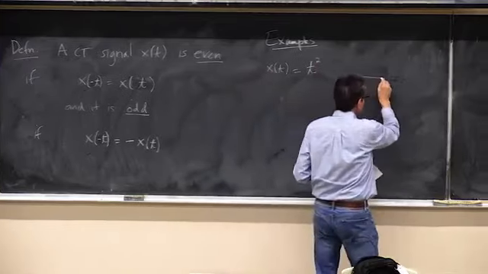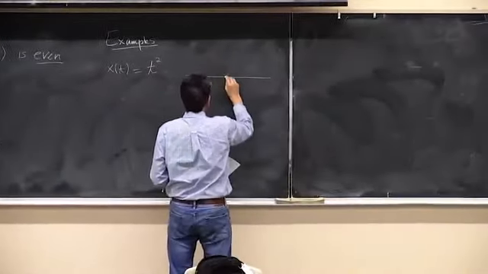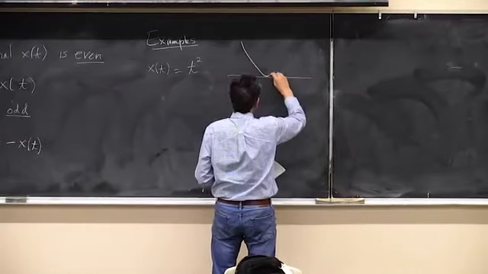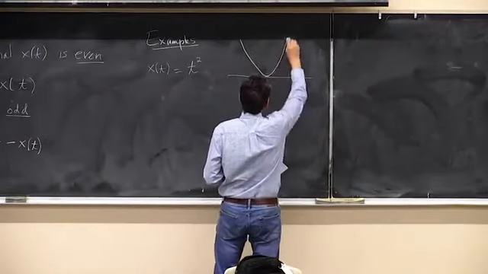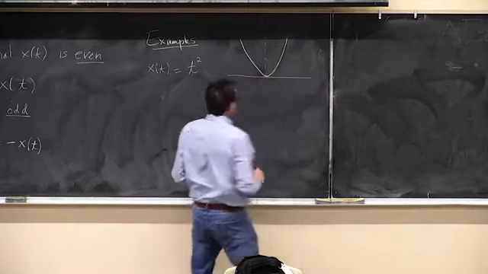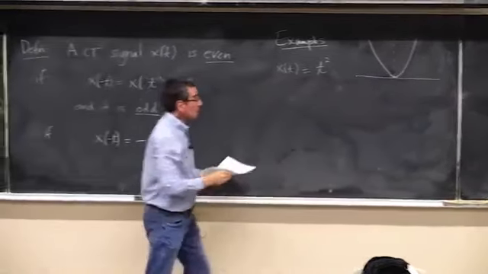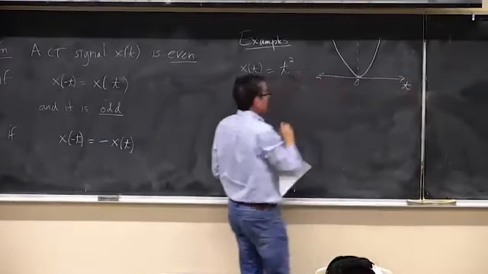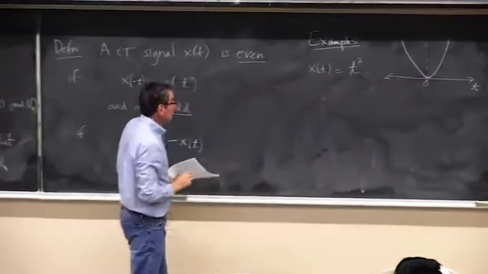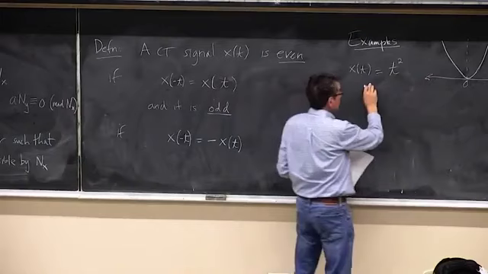This is just going to be a parabola, which has the property that when you flip it around 0, it looks the same. So this is an example of an even signal.